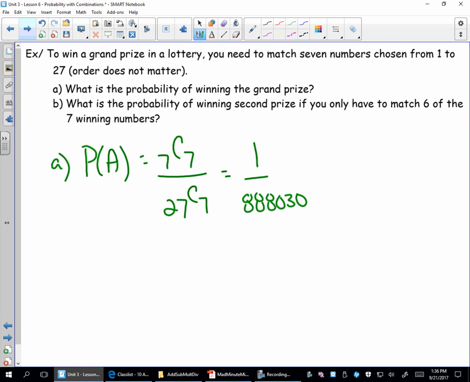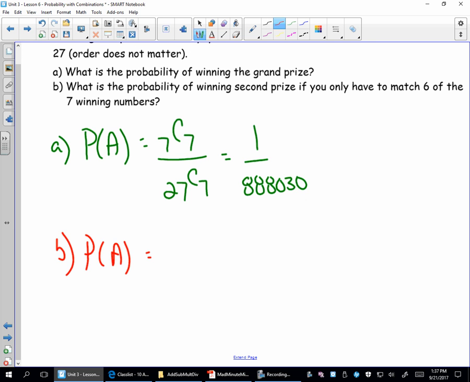Part B. Second prize, you have to match 6 winning numbers. So we can do the same idea here. But instead of having all the right numbers, I only need to get 6 of them. So if you think of this as 7 winning numbers and I need 6 of them, it implies that I have one of my numbers that's not a winning number.